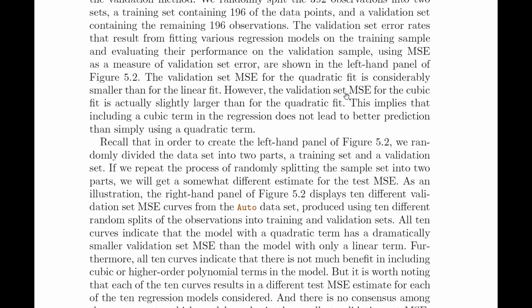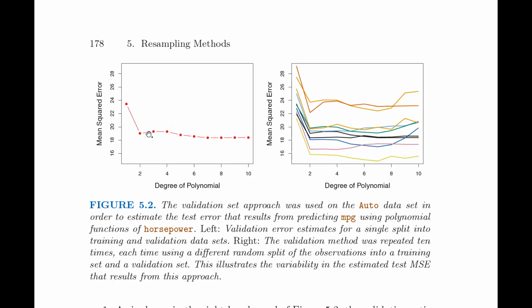However, the validation set mean square error for the cubic fit is actually slightly larger than for the quadratic fit. So this cubic is actually slightly larger than the quadratic fit.